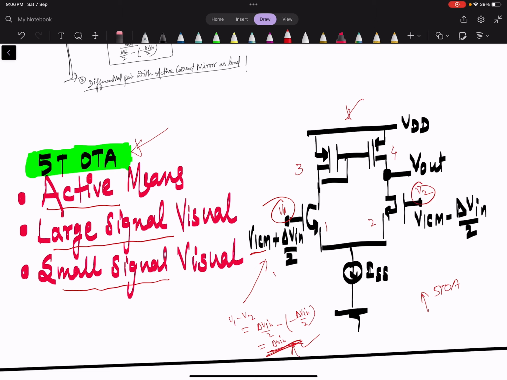This is the way of analyzing the circuit in terms of input voltage.